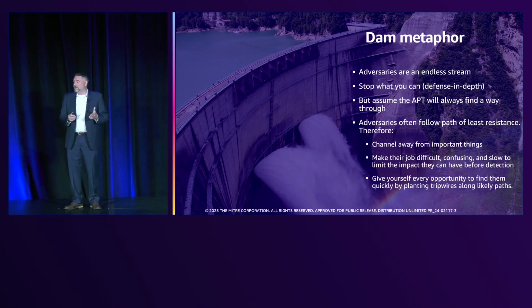But luckily, there are some vulnerabilities to adversaries' plans, and that is that they often follow a path of least resistance. So, understanding that, you can channel them away from your key or critical assets, your crown jewels, and maybe even channel them towards places where you have better telemetry, better sensing, and therefore you're driving them to a space where you can interact more.